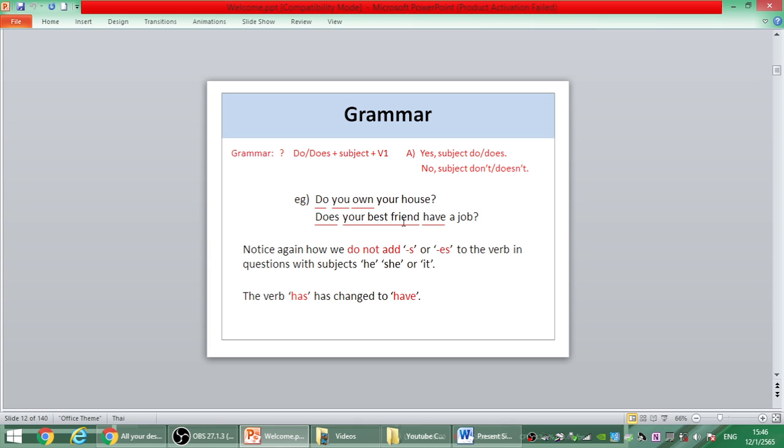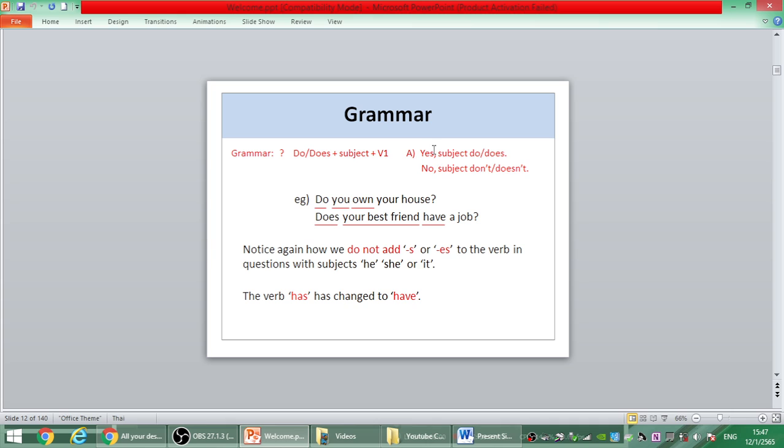Does your best friend, he or she, have a job? Notice again how we do not add s or es to the verb in the questions with subjects he, she or it, and in this case the verb has changed to have.